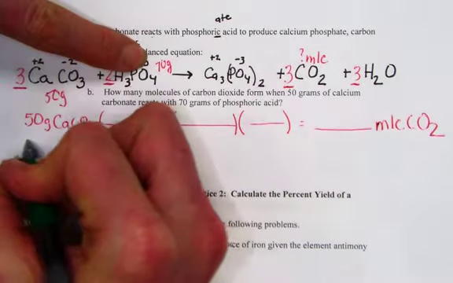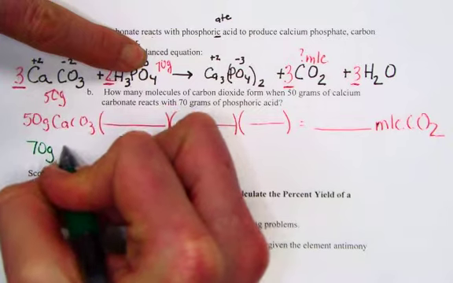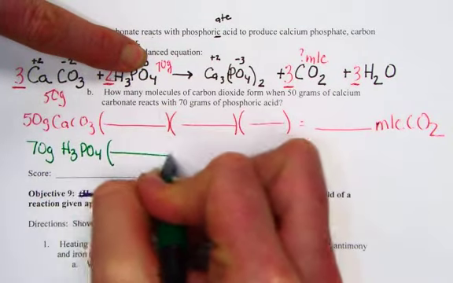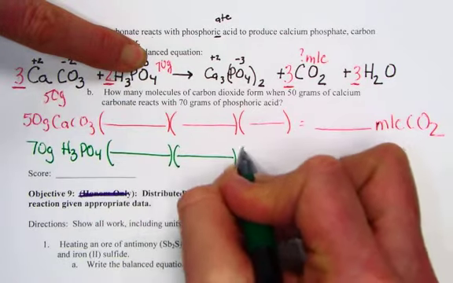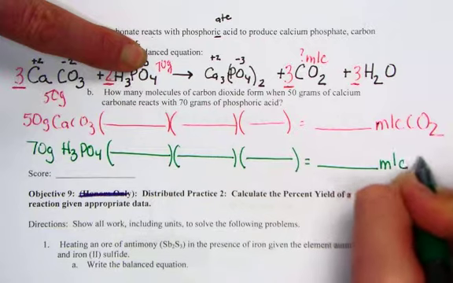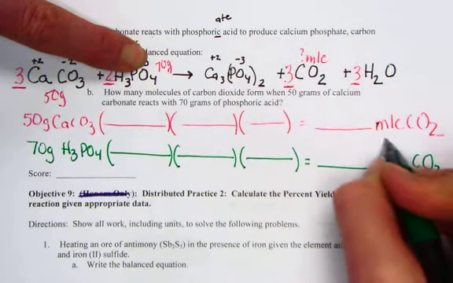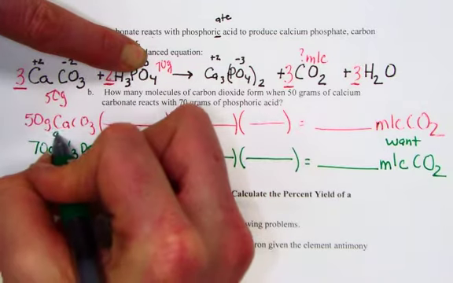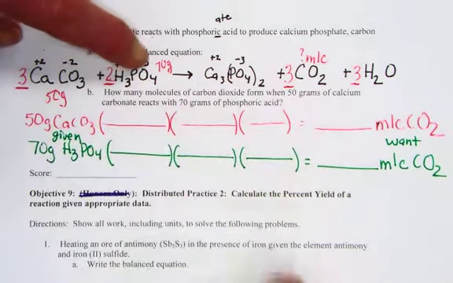Given 70 grams of H3PO4, divide, ratio, multiply, where we have the same want, the molecules of CO2. We want the number of molecules given the mass of both reactants.